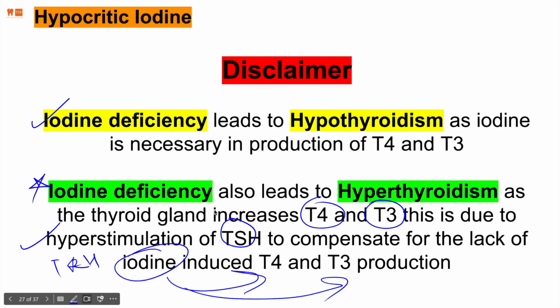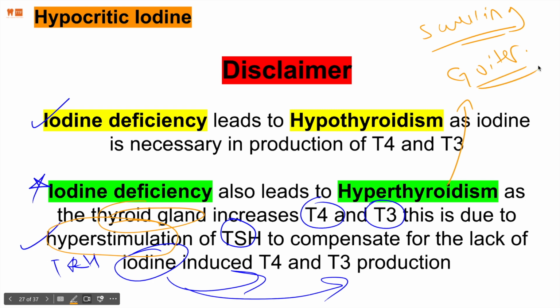I made myself T3, T4. But here's the twist. When that happens, the thyroid gland becomes hyperstimulated and it produces a swelling. Can we guess what a swelling in the thyroid is called? It's a goiter. And that's where the goiter comes from.